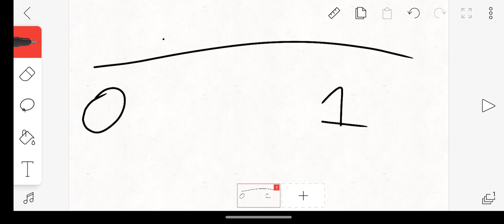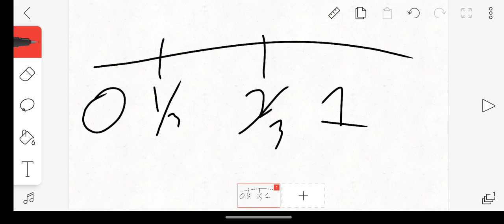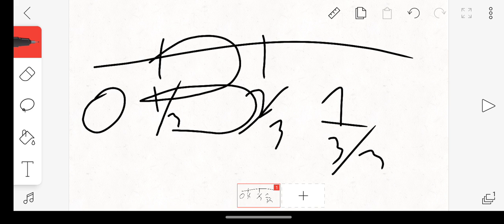Now let's try thirds. 1/3, 2/3, and now 3/3.